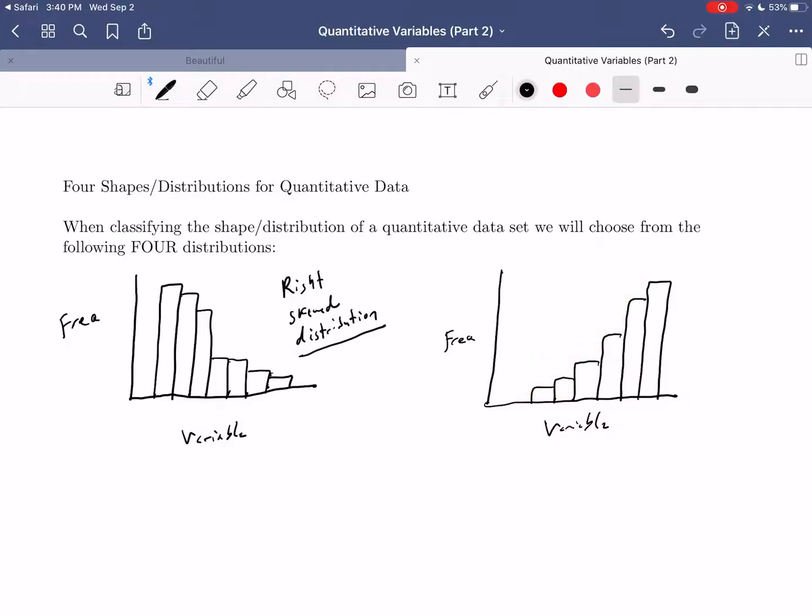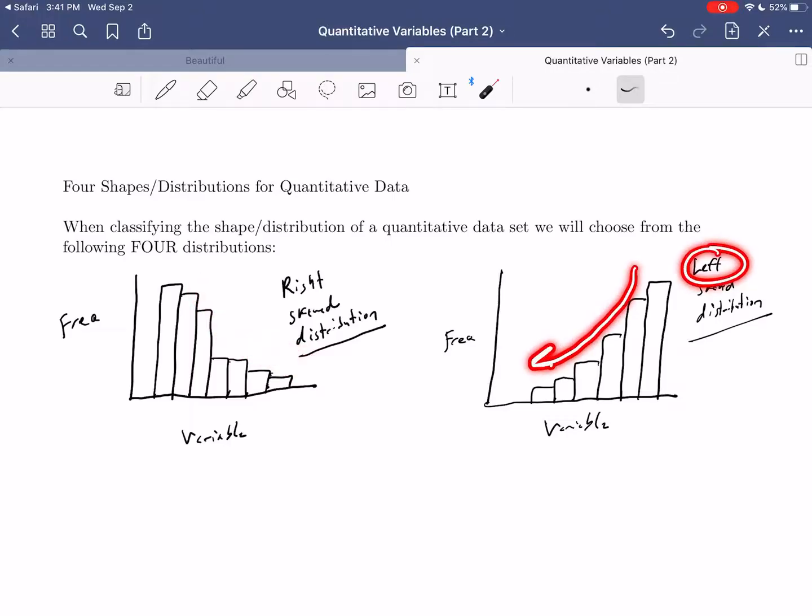So we would call this a left skewed distribution. So right skewed and left skewed basically have tails that go in that direction. So in a right skewed distribution, you have a tail that goes to the right. In a left skewed distribution, you have a tail that goes to the left.